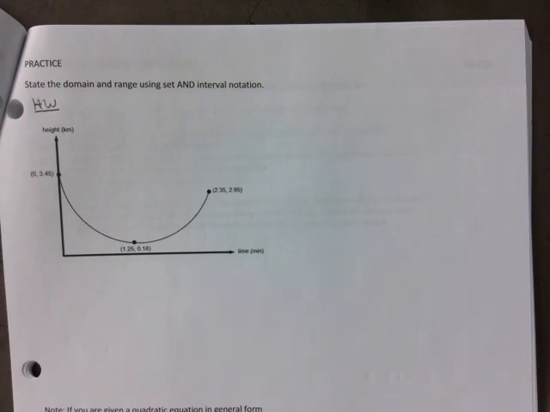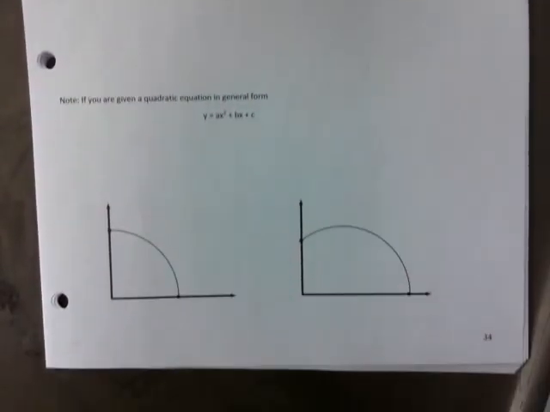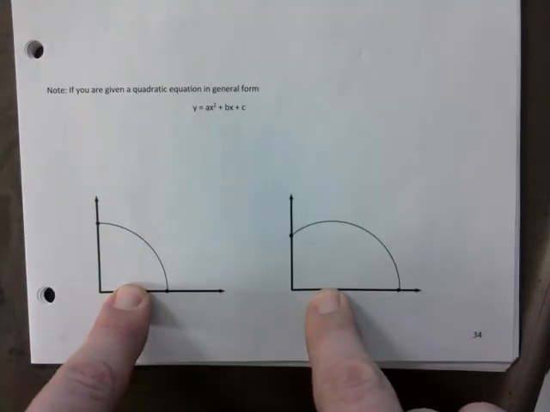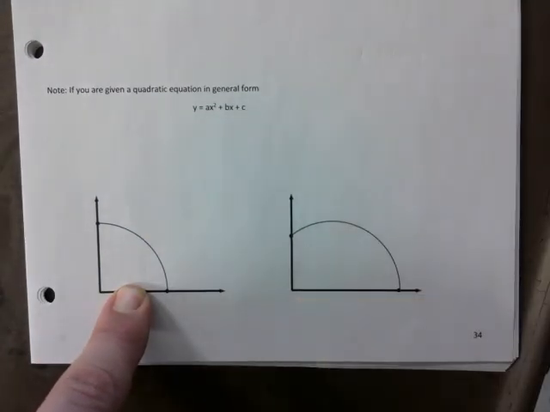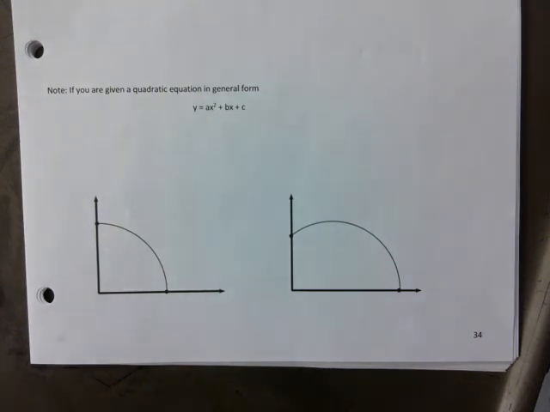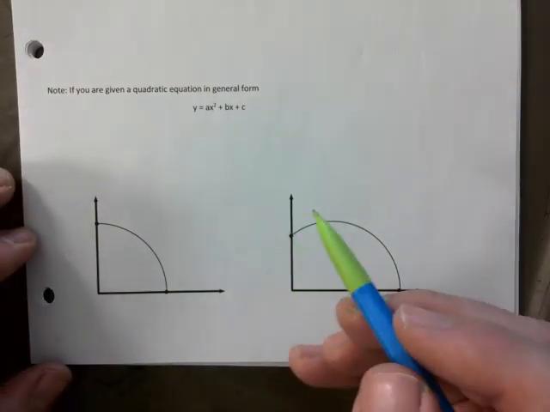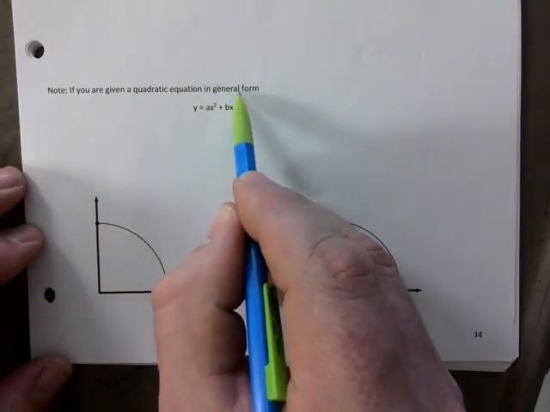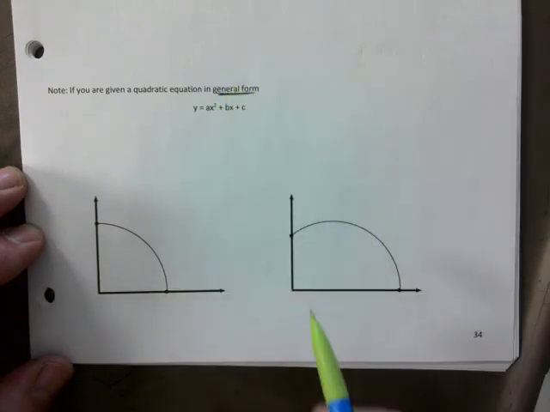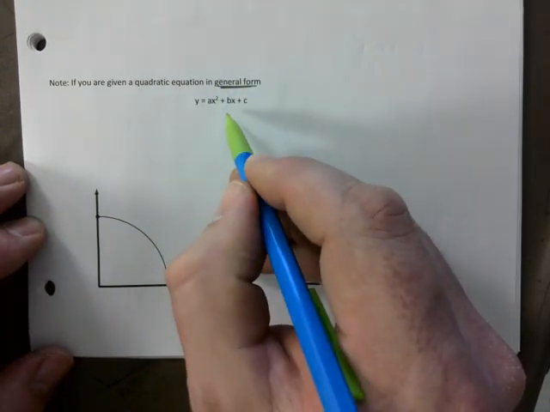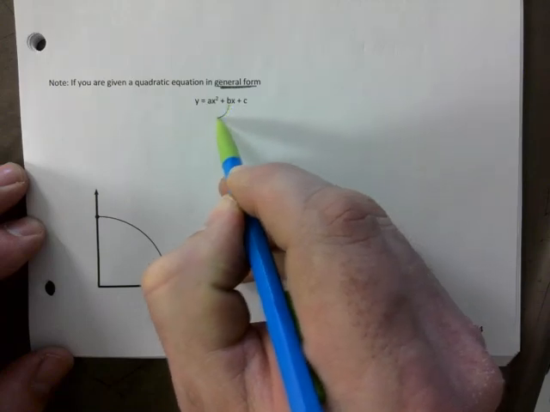One thing. I'm just going to cover this so I don't have to do this on Monday. This part right here is just for your information. Make sure you write this down. It's actually very simple. If you're given a quadratic in general form, we're going to focus in on this.